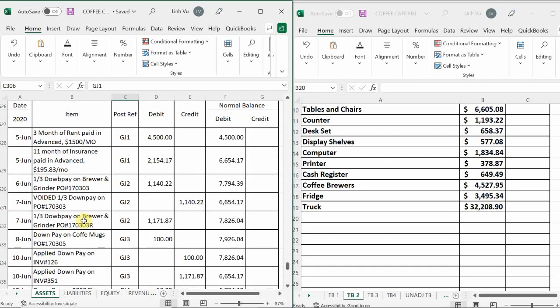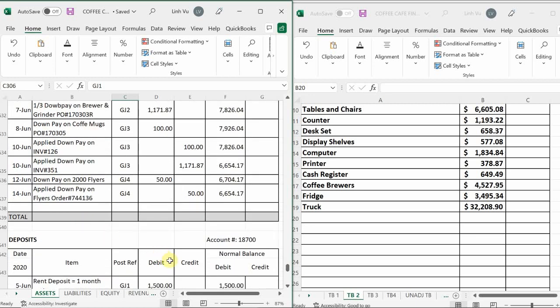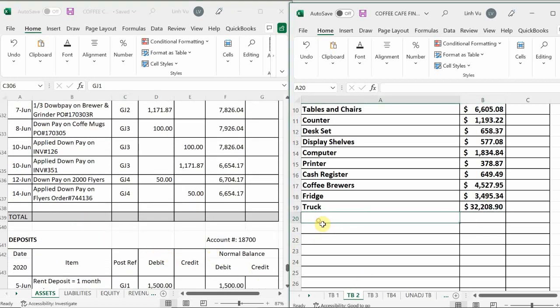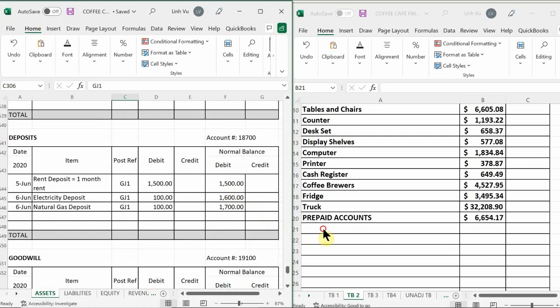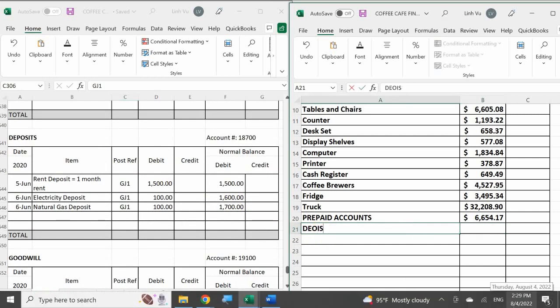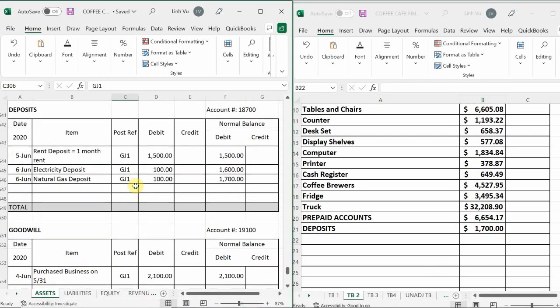We've got prepaid accounts. What is my current balance in my prepaid accounts? 6654.17. Good, right? What about my deposits? It's 1,700. Okay.